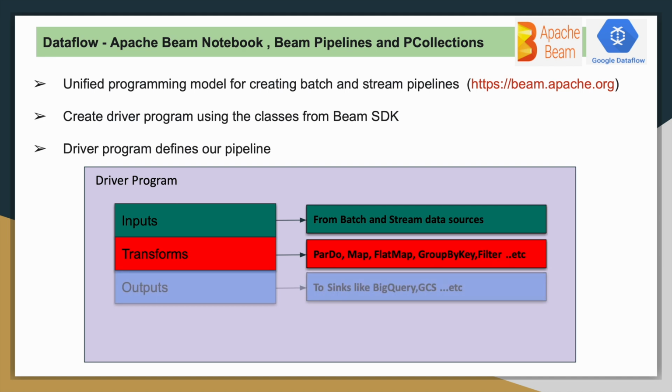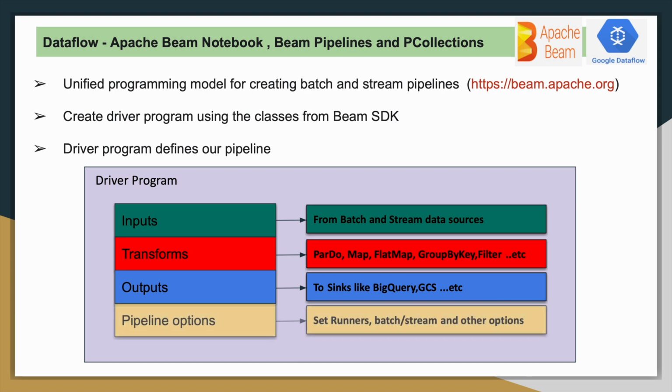The third one is output. Once we have the transformed data available, we'll write the data into external sources like GCS or BigQuery or Bigtable, etc. The final one: once we have our Beam pipeline defined, we'll have to execute that pipeline in our backend environment. The backend can be any runner.